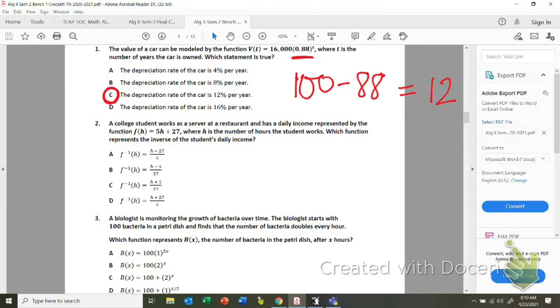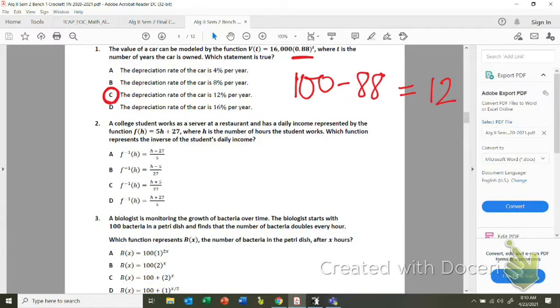But as for the inflation rate, then it would just be 88, right? We only know to subtract because it says depreciation, right?